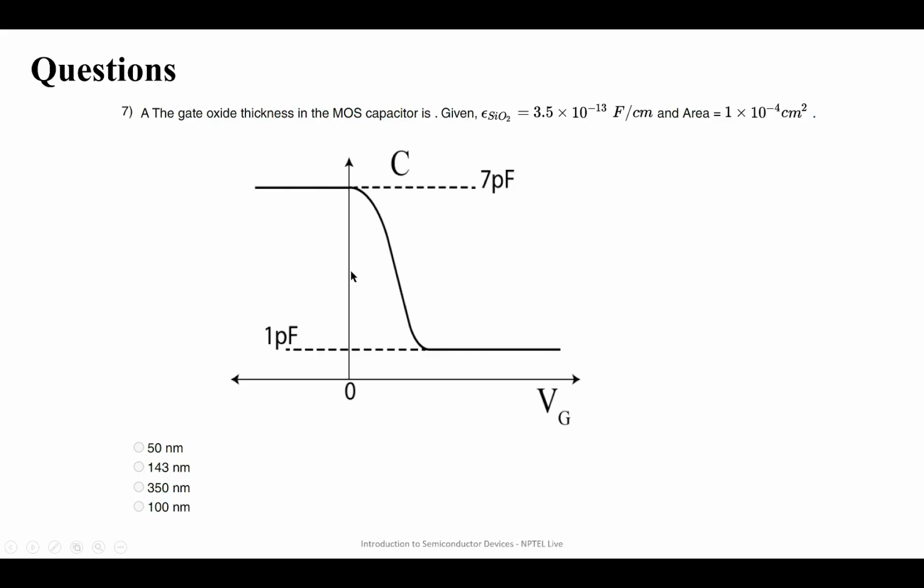This is a CV curve you are given, where your maximum capacitance is 7 picofarad and your minimum capacitance is 1 picofarad. You have to calculate the oxide thickness, which is 50 nanometers, 143 nanometers, 350 nanometers, or 100 nanometers.